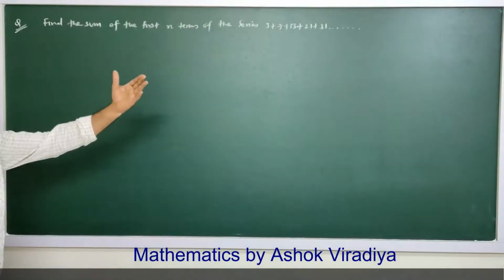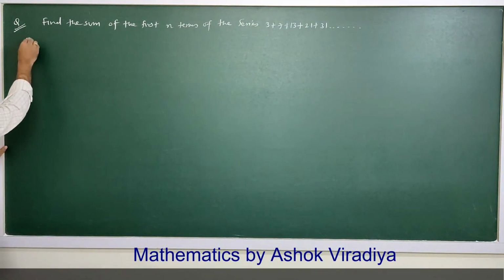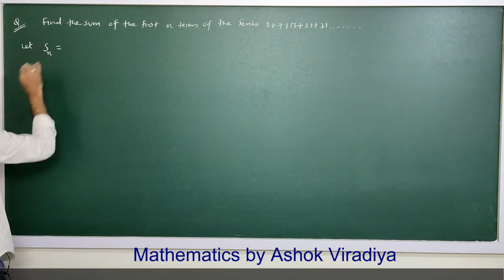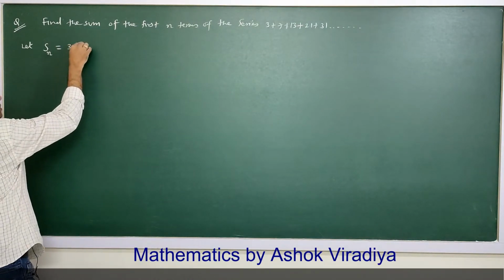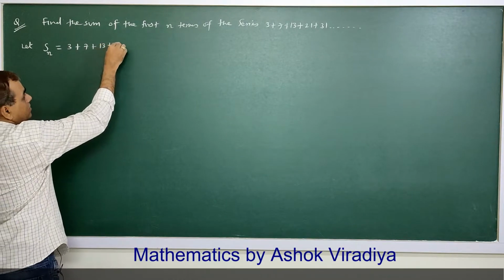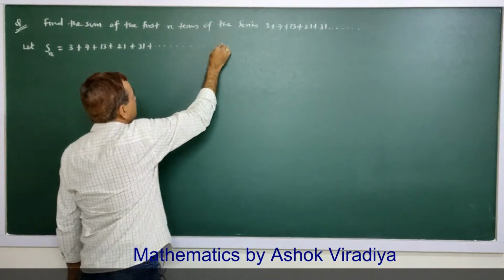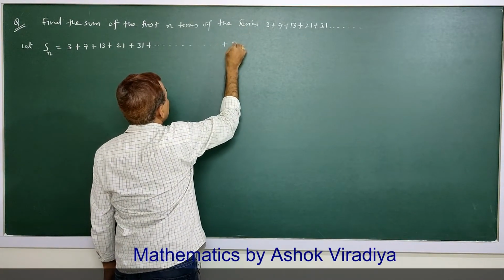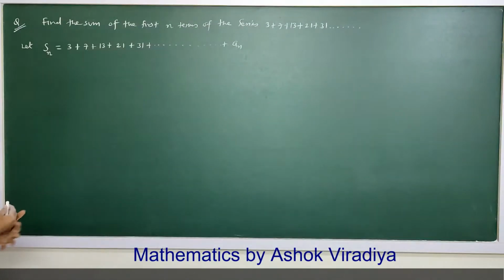So how to find the sum of such a series? The procedure is, here we want the sum of n terms. Sum of n terms is 3 plus 7 plus 13 plus 21 plus 31 up to, suppose its nth term is an.